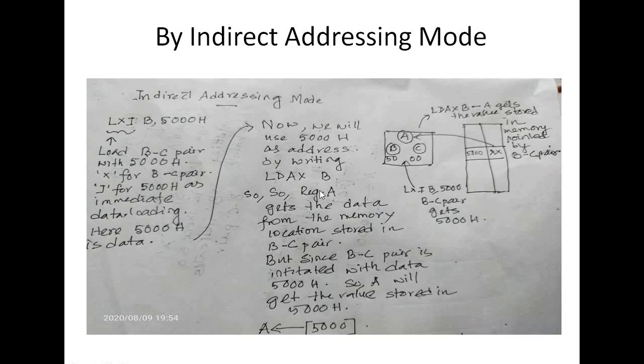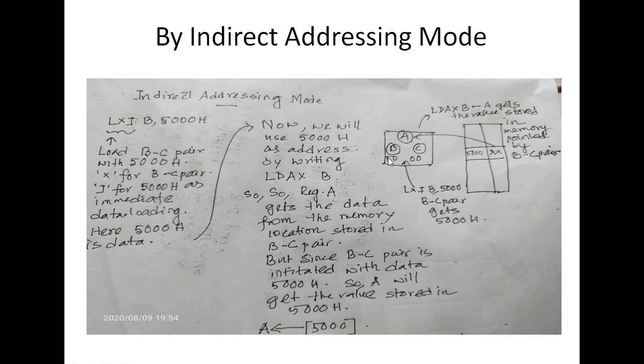Now as soon as I write LDAX B, what will happen? This 5000H will now become a memory address. Understood? Why? As soon as I write LDAX B, the processor will directly go to the BC pair. So now it will understand that BC pair is containing 5000H.